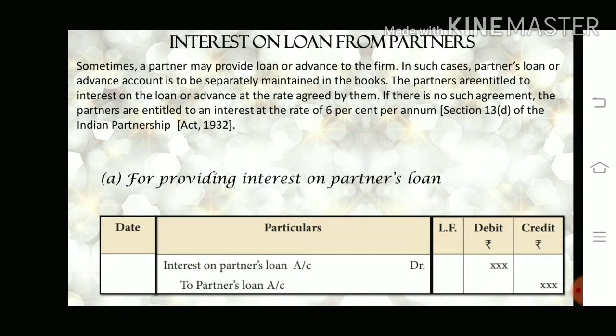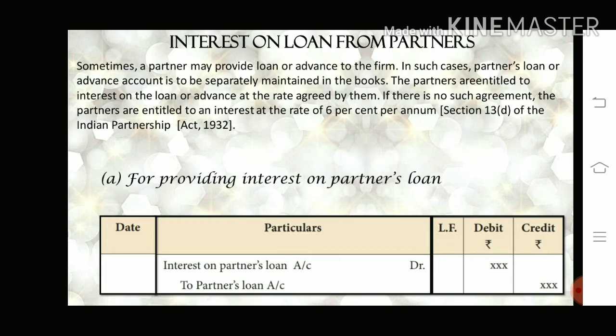In such a case, partners' loan or advance account is to be separately maintained in the books. The partners are entitled to interest on the loan or advance at the rate agreed by them.